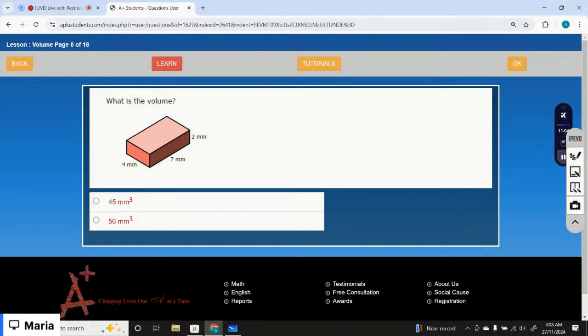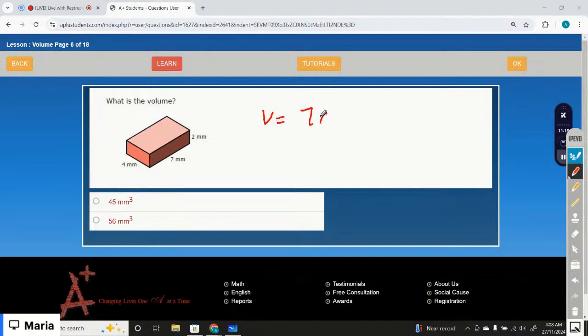What is the volume? Which is the correct option? The volume of the rectangular prism is length times width times height. So 7 times 2 is 14 and 14 times 4 is 56 millimeter cube.